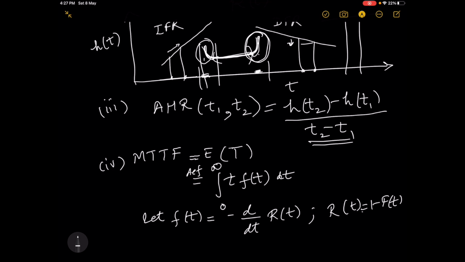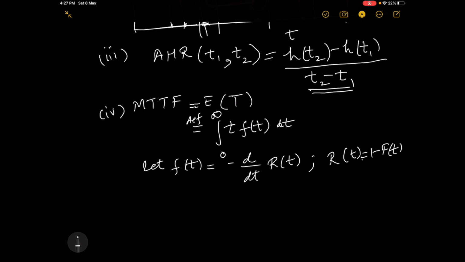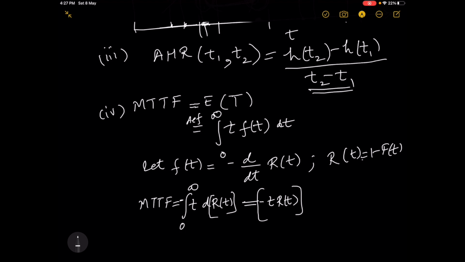So, if we can represent Ft as this, then MTTF can be recast as the negative of this. Now this first term is 0 at both the limits.